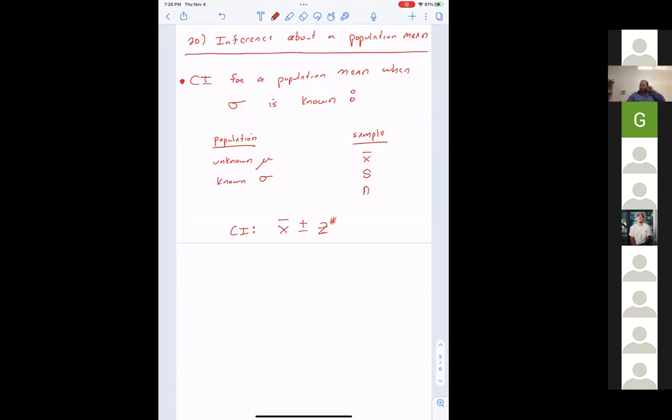Now, for proportions, what was the thing after the Z star? It was a standard error, which was what in the case of proportions?